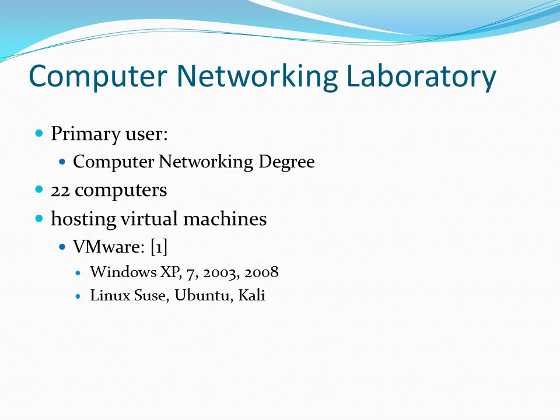The primary users of the Computer Networking Laboratory are students on the Computer Networking degree programme. There are 22 computers in the actual laboratory itself, plus some spares, and there's also a computer on which the master image of those computers is maintained. We host virtual machines using VMware, so for example we can be running Windows XP, Windows 7, 2003, 2008, also running Linux such as SUSE, Ubuntu and Kali.